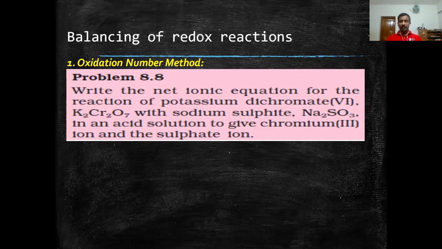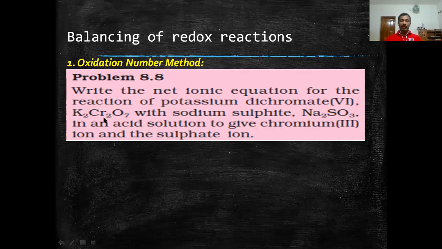The equation is not given, but from the given data it is possible to write the equation. Potassium dichromate, K2Cr2O7, and we need only the ionic equation. So we can write Cr2O7 2- plus Na2SO3, here also we require only the ion SO3 2-.